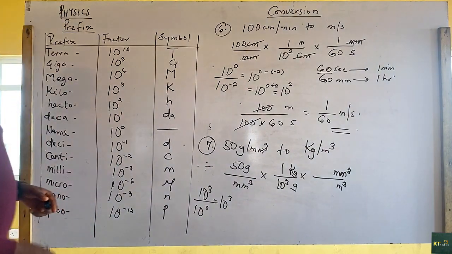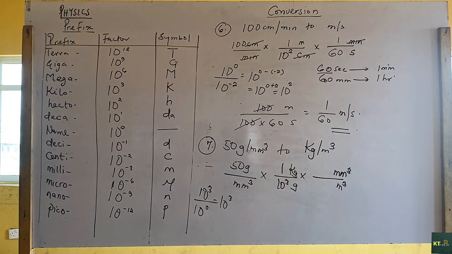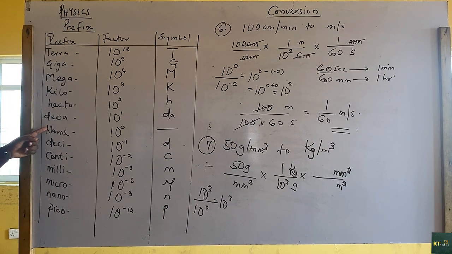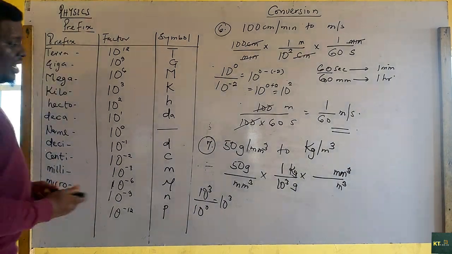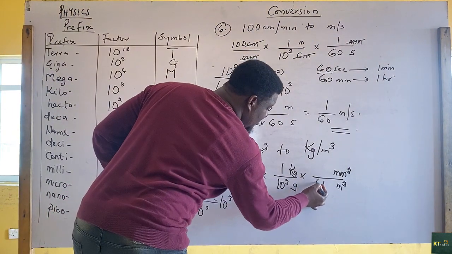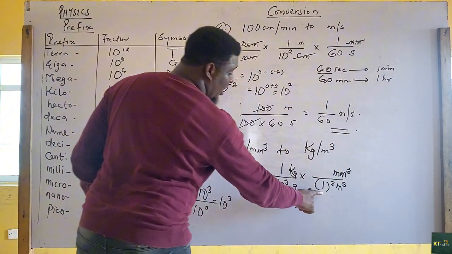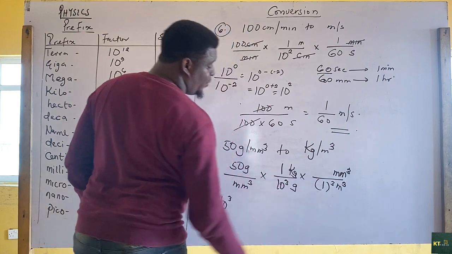Now let's go to millimeter and meters. Which one is bigger? Millimeter is milli, while meter is the name. So the name comes before millimeter. Therefore, the name takes 1. It's bigger. But you don't put just 1 because we are talking about volume, you put cube.